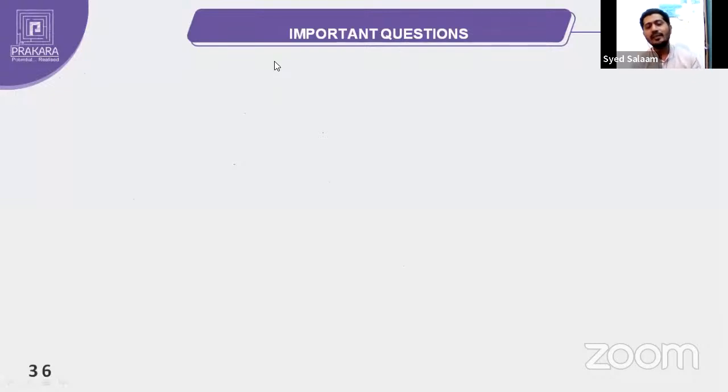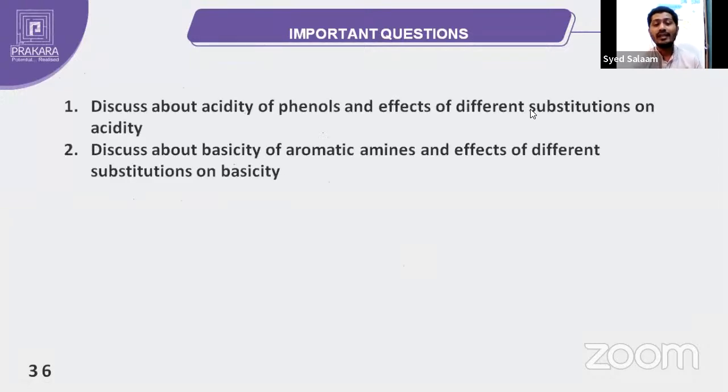This benzoic acid, aromatic acid, is a part of the second unit of POC 2, Pharmaceutical Organic Chemistry 2, of the 2-1 or the third semester to be precise. And in that, apart from these aromatic acids, we have other important concepts that include acidity of phenols, effect of different substitution on acidity, basicity of aromatic amines, and effect of substitution on the basicity.